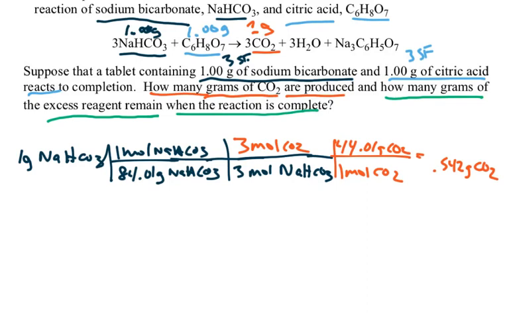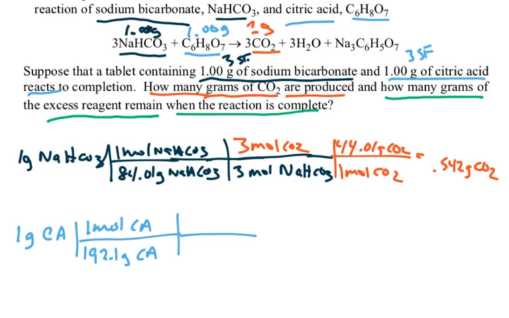So that's one. Now let's take the other one. 1 gram of citric acid. Okay? And so citric acid is, I think it's 192.1. I don't have my glasses on. I'm old. 1 mole of citric acid. Sorry about that.